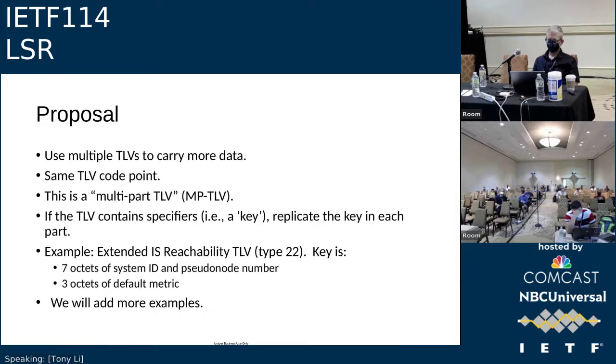Pretty straightforward. Just use multiple parts. If you have something inside the TLV that specifies the contents, what we're calling a key, you should replicate that key in each part. For example, type 22 TLVs have 7 octets of system ID and pseudonode number, and there's a metric, and do you replicate that or not?